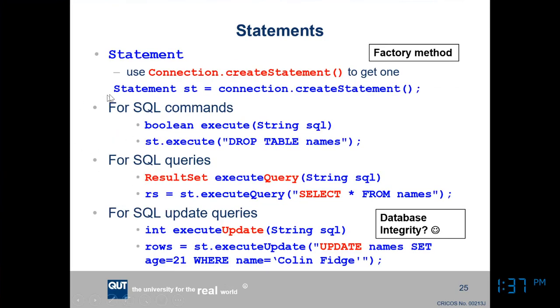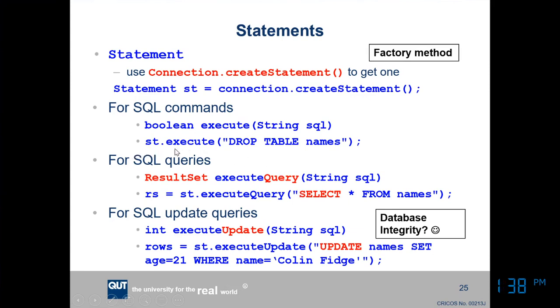So statement: we get connection.createStatement, and we can perform these things. For commands, we can make use of the execute method, where we want to actually do something. I'm not going to do drop table names because it's useful to have that table around, but that's basically the idea.